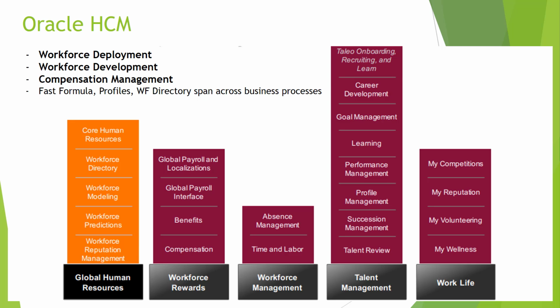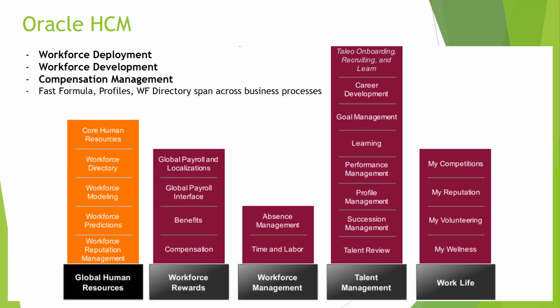So, as you can see, global human resources include core human resources, core HR, and workforce directory, which is part of your self service. Workforce modeling is basically where you can figure out different kinds of plans within the company and how that will help from an HR standpoint in growing your company.